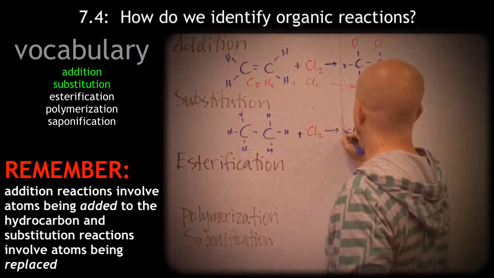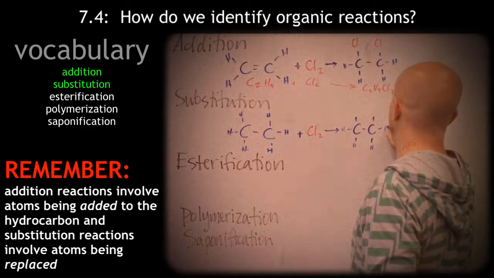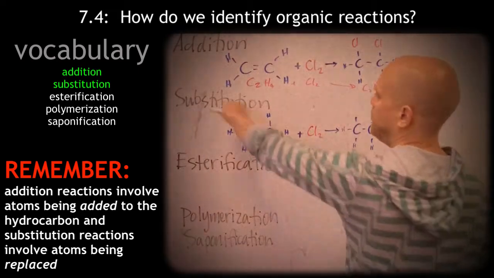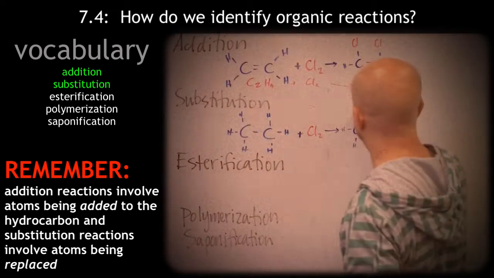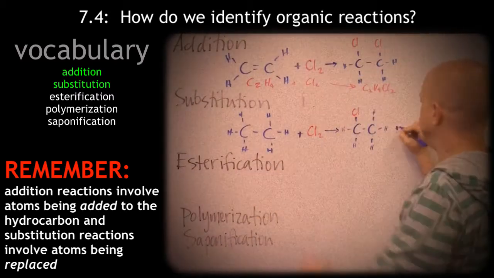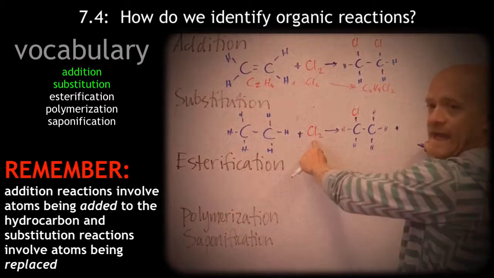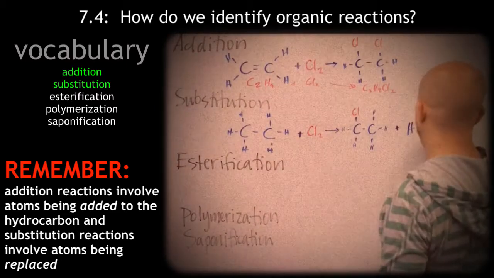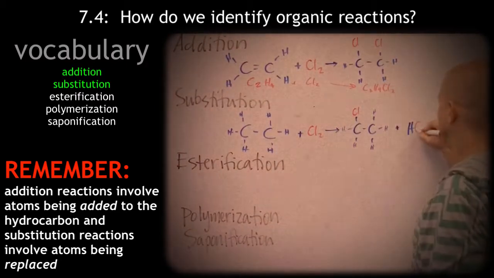So basically you have H. You took off that hydrogen and you replaced it or substituted it with the chlorine. Now you're going to take that remaining hydrogen and it's going to add to that leftover chlorine, and you have HCl.